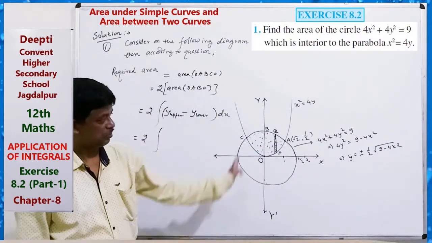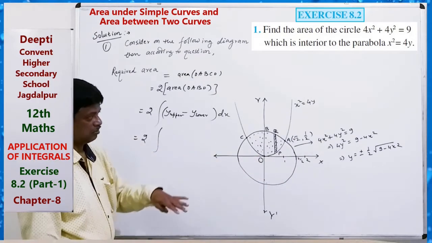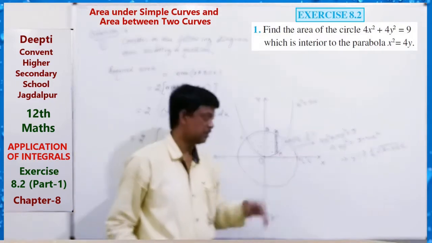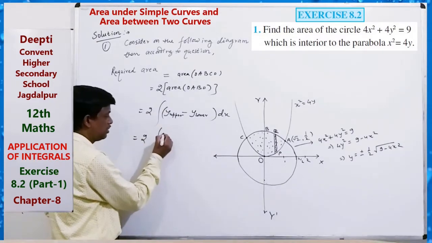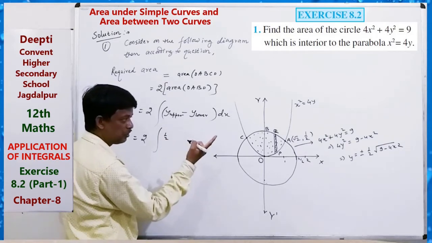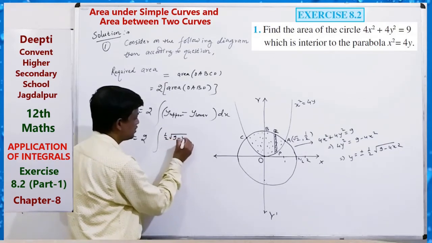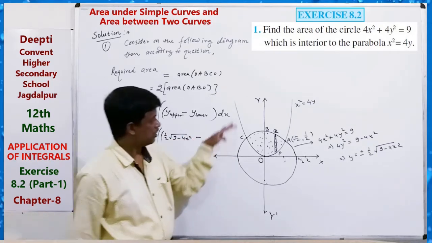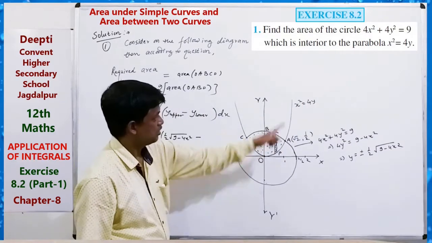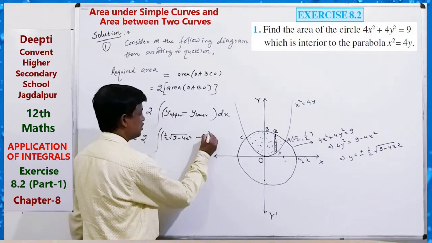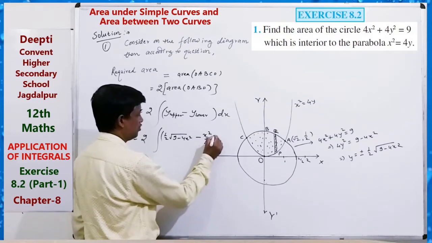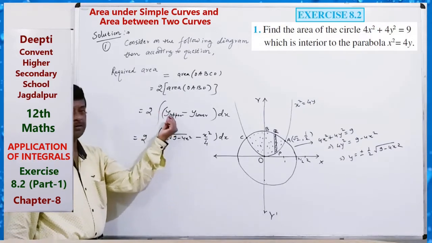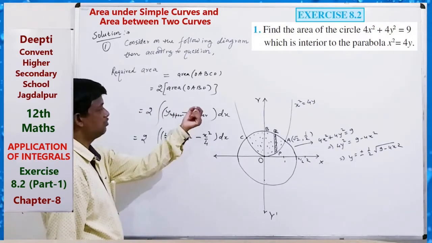For the upper part, plus sign, so half root over 9 minus 4x square. Upper part minus lower part, y equals to x square by 4, dx. Clear? Y from the upper curve, y from the lower curve.